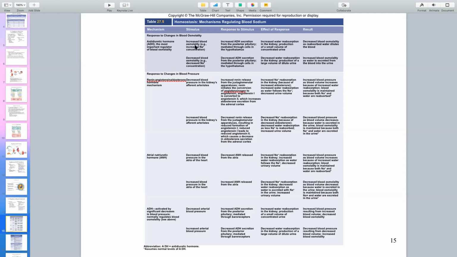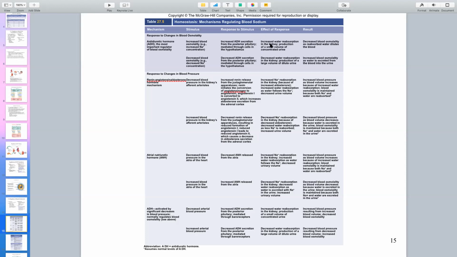So as you sweat out that water, you lose it from the bloodstream, causing our blood to increase in osmolarity. ADH is released from the posterior pituitary gland through its connection with the hypothalamus. So the hypothalamus notices that increase in blood osmolarity. The hypothalamus causes the pituitary gland to secrete ADH. Now highlight the posterior pituitary, not anterior. Posterior pituitary.